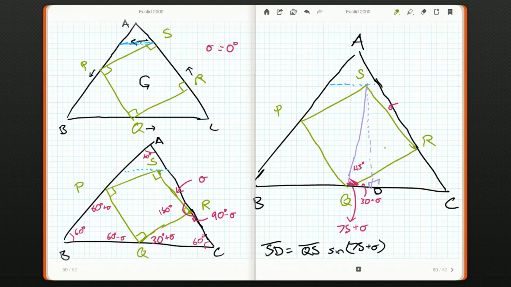So, we know we have a given angle of 60 degrees here. And this angle over here is 60 degrees at C, but the other angles, the angle at P, the angle at Q, the other angle at Q, and the angle at R, are all in terms of sigma. 90 minus sigma, 30 plus sigma, 60 minus sigma, and 60 plus sigma.